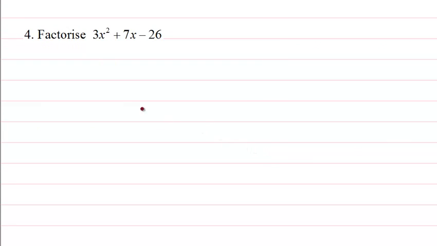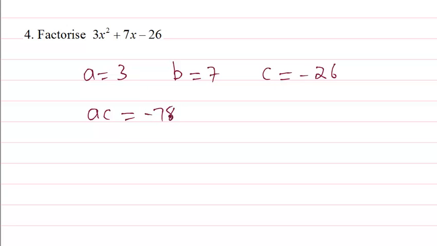Example 4, a equal to 3, b equal to 7, c equal to minus 26. a times c, 3 times minus 26 is minus 78. Now we're looking for factors of minus 78 which add up to 7. Obviously one number is positive, one is going to be negative.